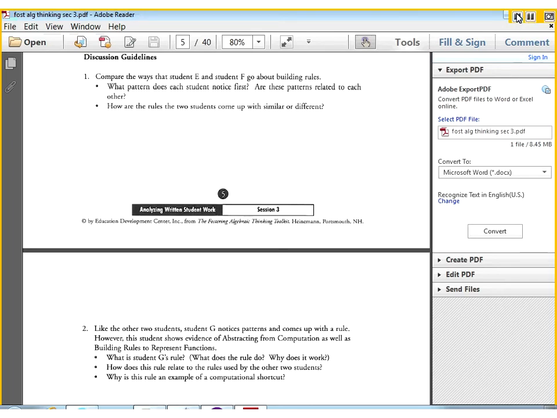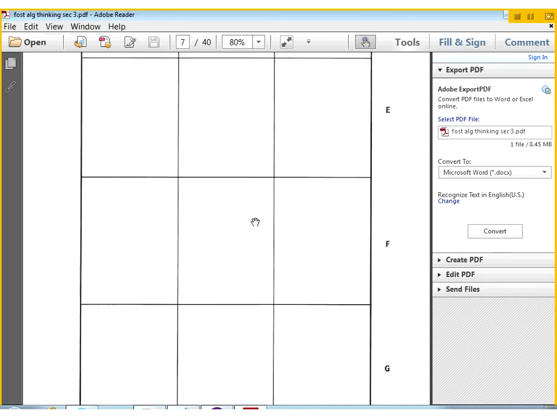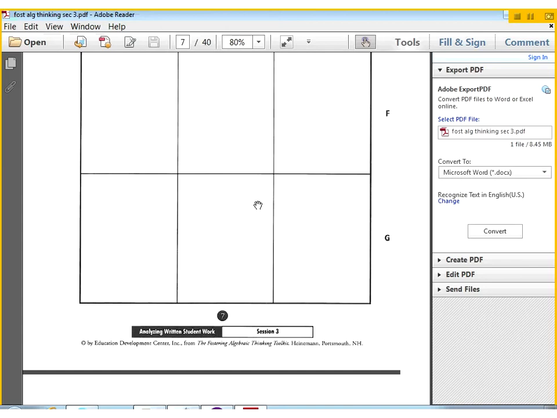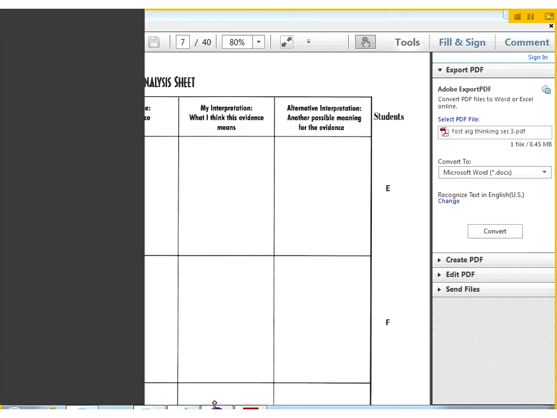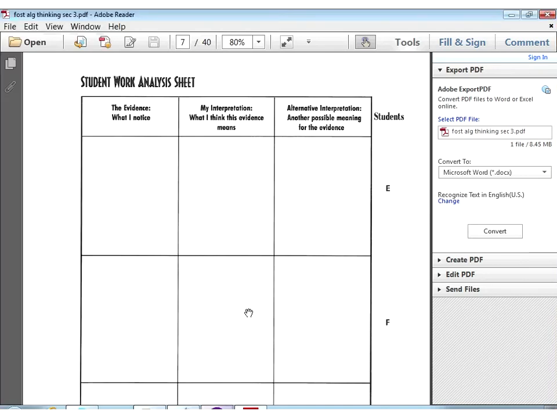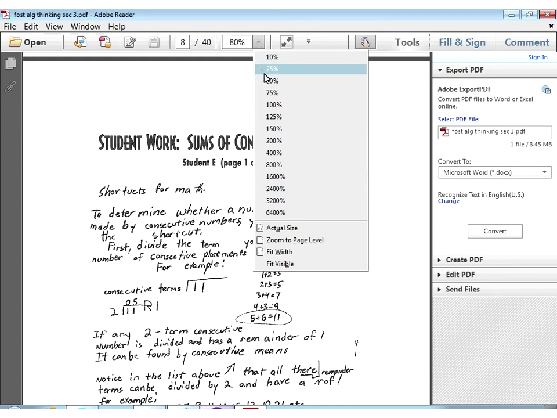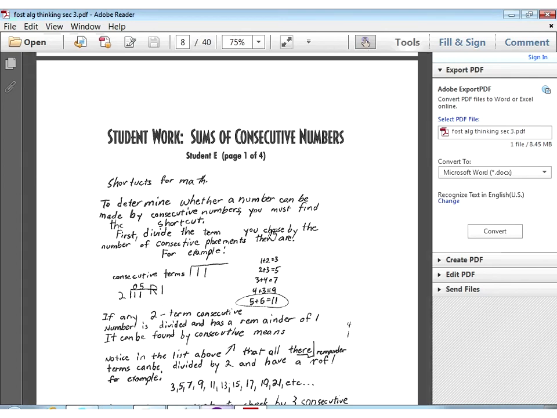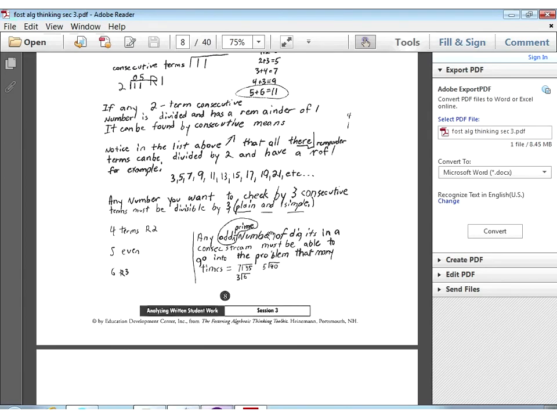For those people that are digital, we have a similar table, student work analysis sheet. Then we have the student work. So I'm going to go through the student work. At this level, student E has 4 pages of work.